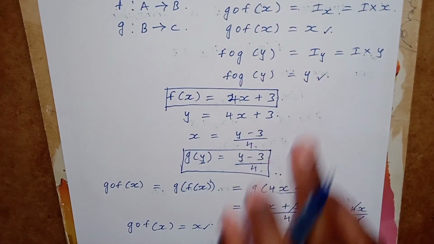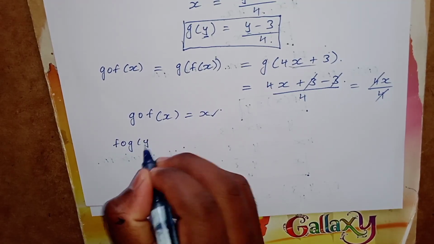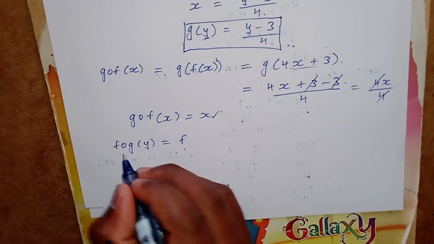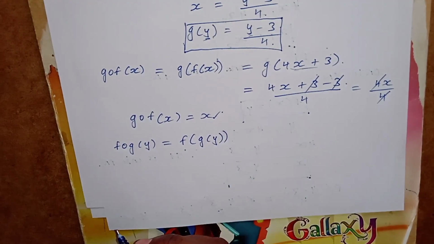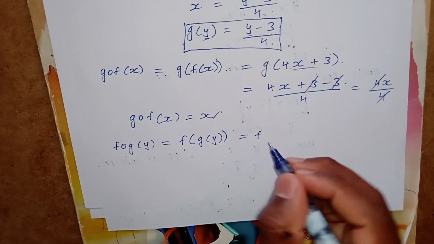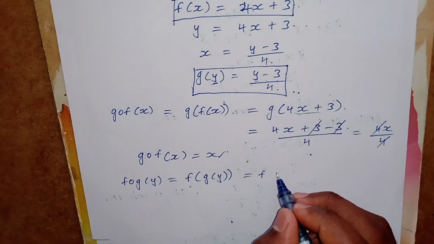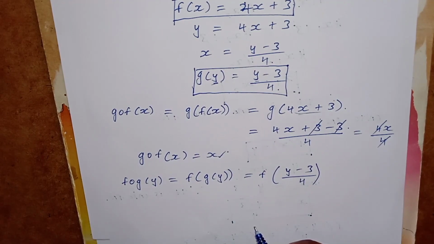Here it is coming, therefore it is invertible, but you have to check the f o g also. Next, f o g of y equals, removing that o, put an open bracket and a closed bracket. Now f of g of y, here g of y is nothing but y minus 3 divided by 4.